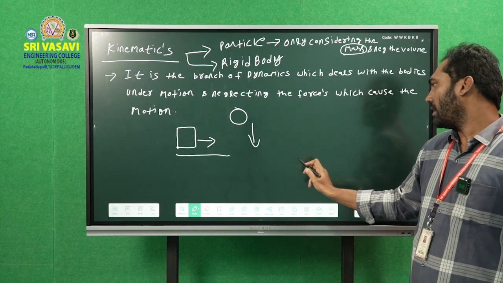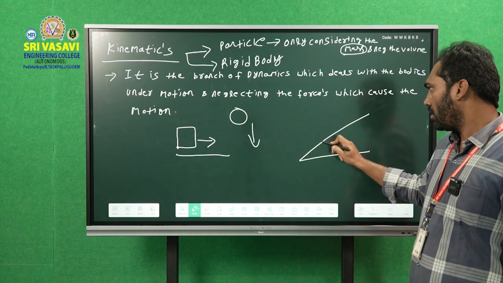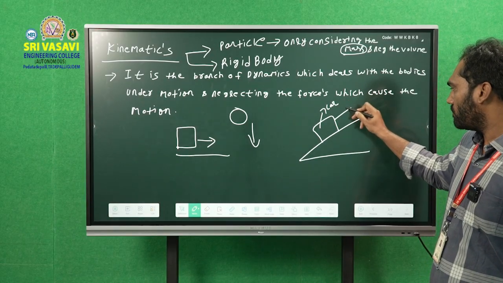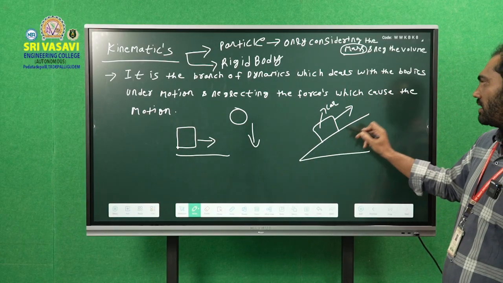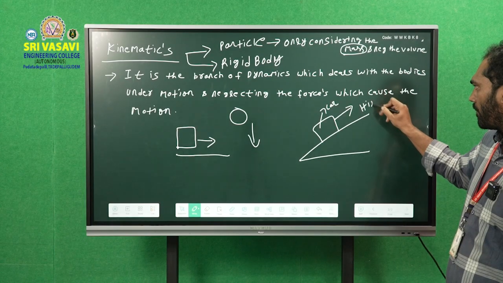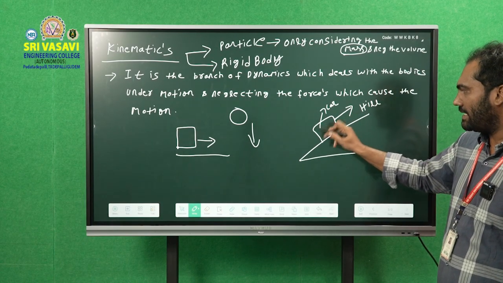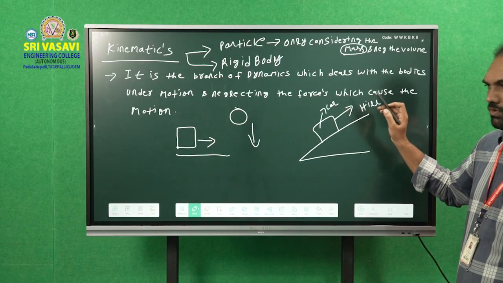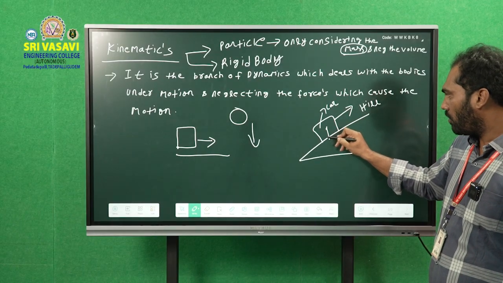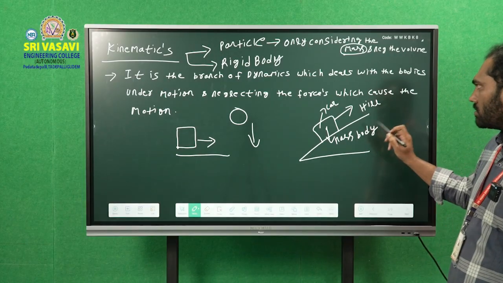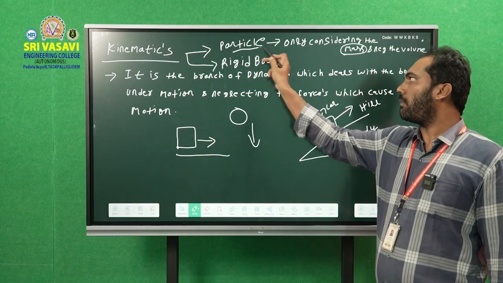If you consider one car which is towing up the hill, we will not consider the size and shape of the vehicle. We only consider the mass of the body. So that is nothing but a particle.